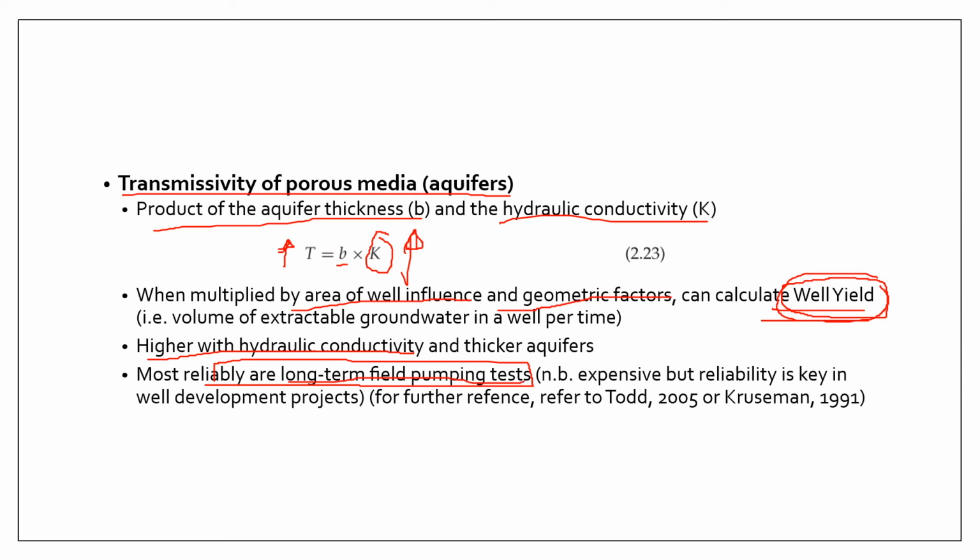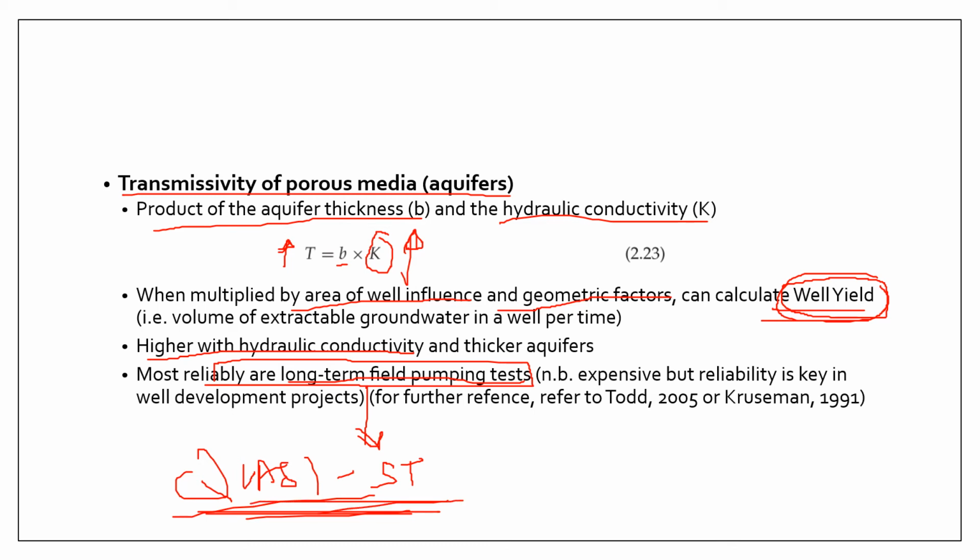As much as possible, you want to have long-term pumping where you are more or less having a good approximation of your quasi steady state. So you want a long-term pumping test to get good quasi steady state conditions.